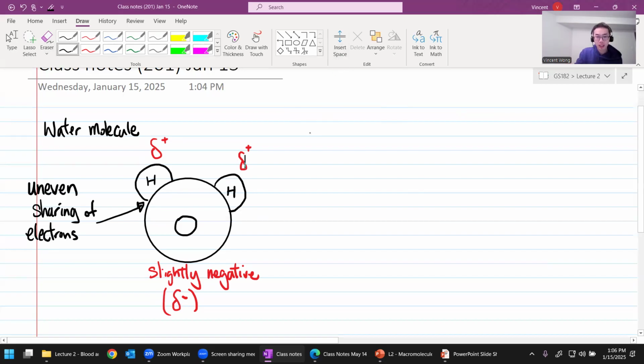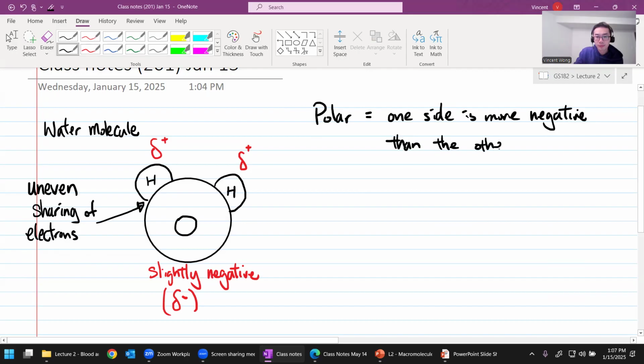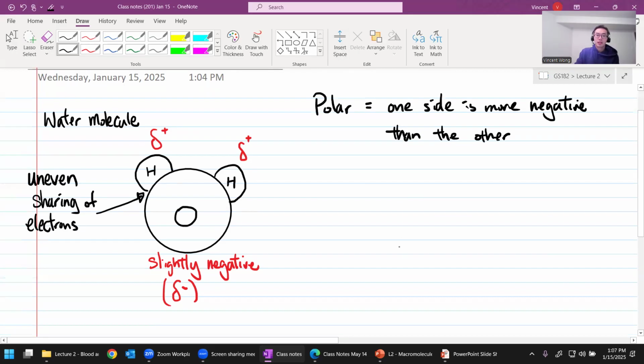Okay? Polar means one side is more negative than the other. So that creates an interesting property.